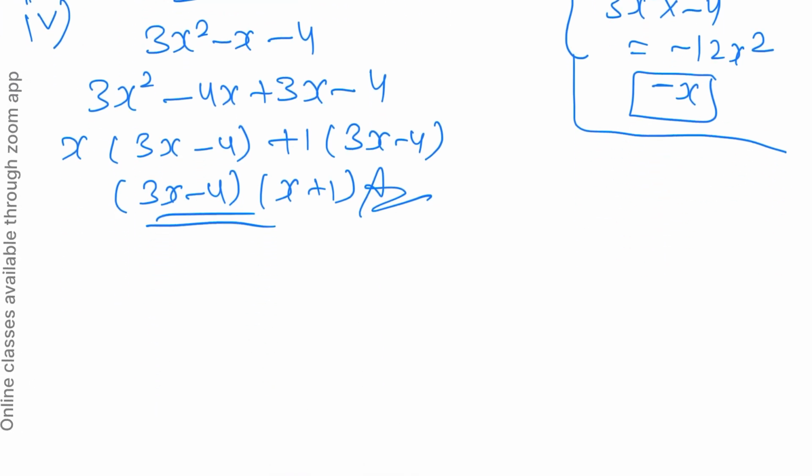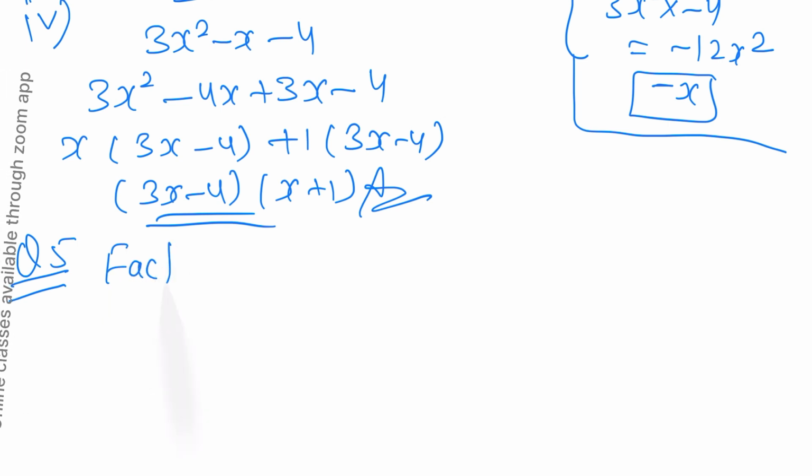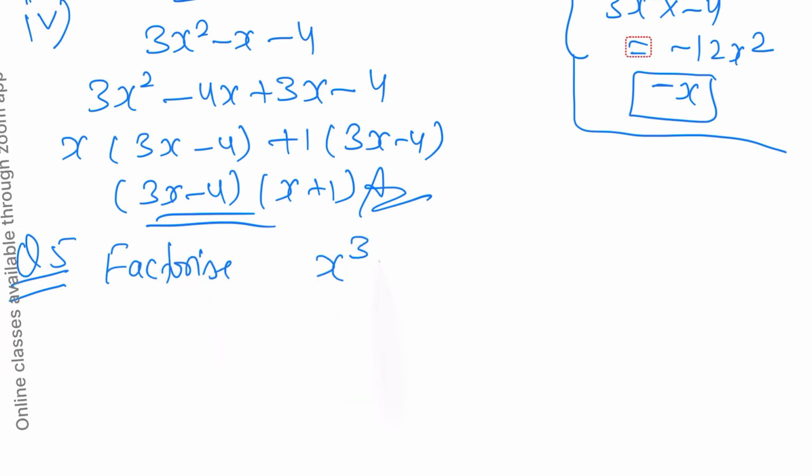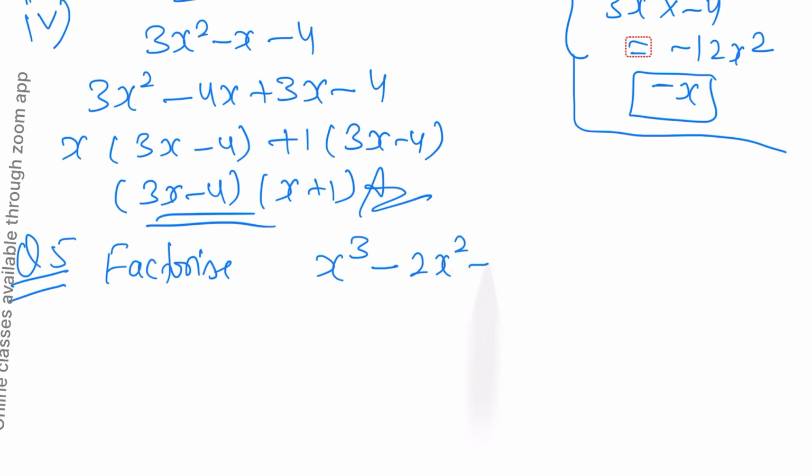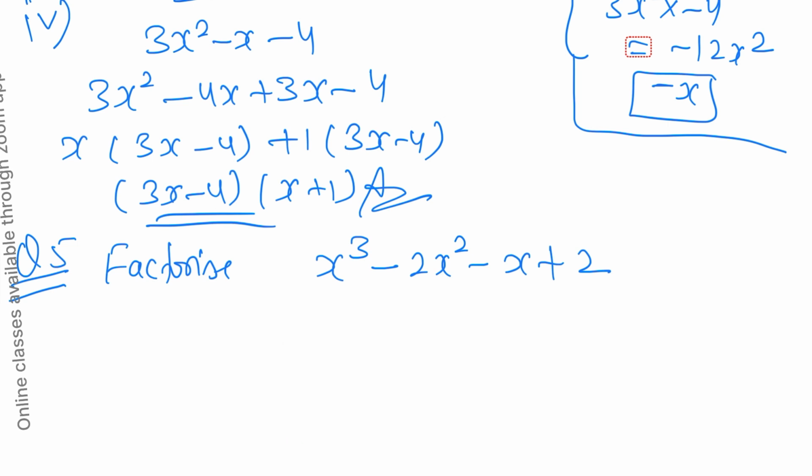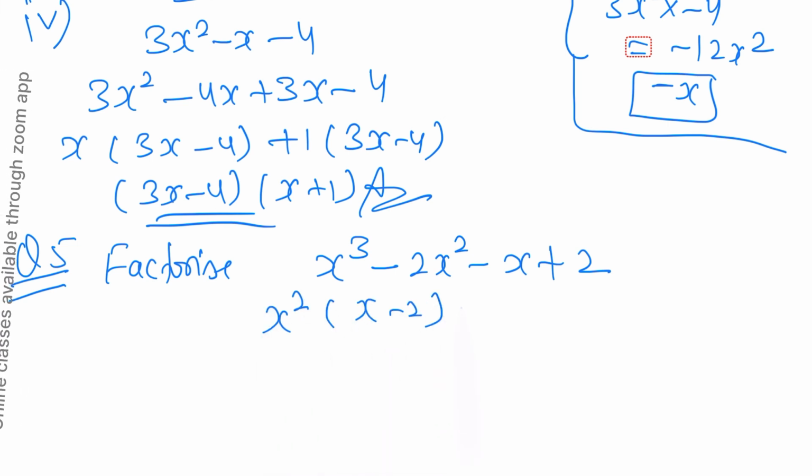Now our next question is factorize. Now this is a cubic polynomial. So remember that a cubic polynomial must have three factors. The first part is x cube minus 2x square minus x plus 2. From the first two we can take x square common, remaining with x minus 2.